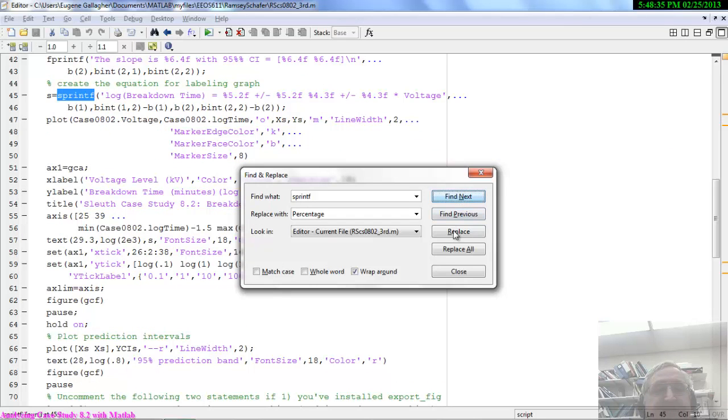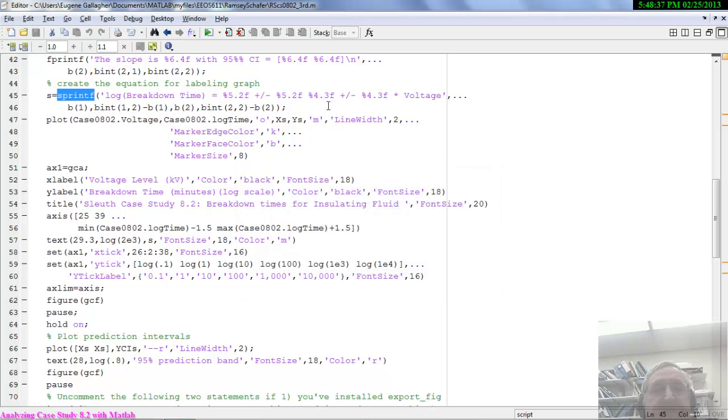So sprintf, here's the breakdown time, and instead of reporting it with 4.3 degrees of freedom, I'm going to report it with 3.2 for the F statistic, and that's more than enough significant figures. And this will look a little bit better once we plot it.